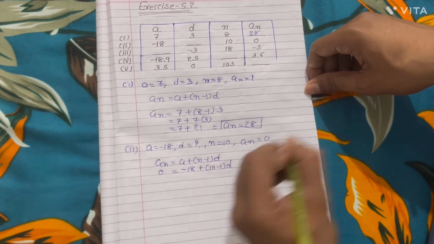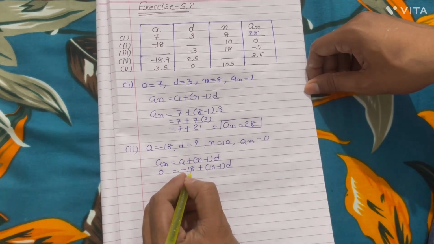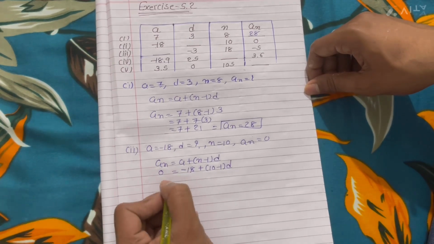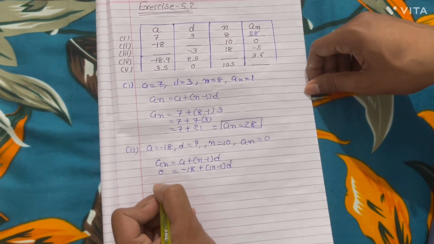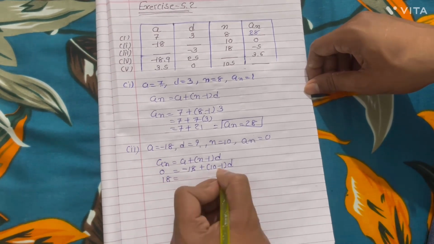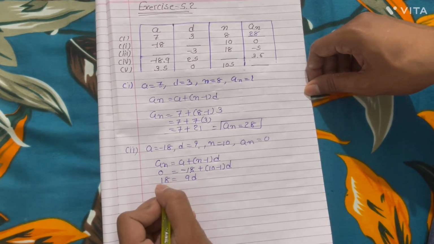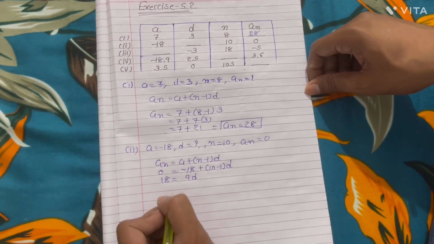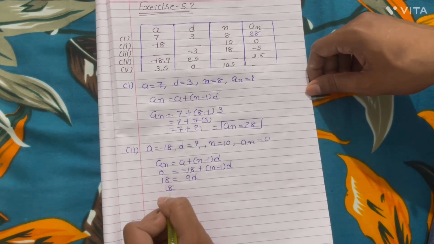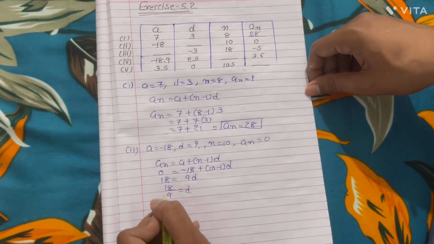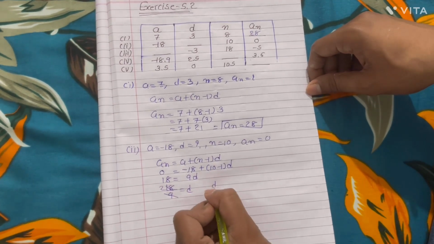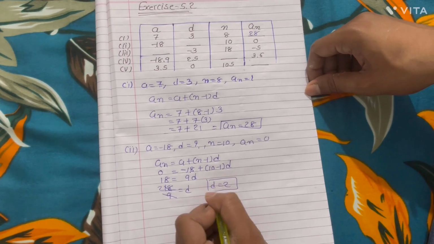We have to find d. So minus 18 goes to this side; 0 minus 18 turns into plus 18. So 18 is equal to 9d. 9 goes to the denominator: 18 by 9 is equal to d. So we get d is equal to 2.